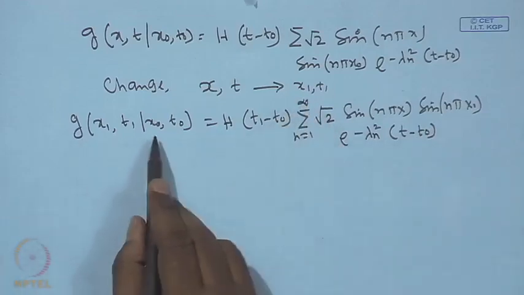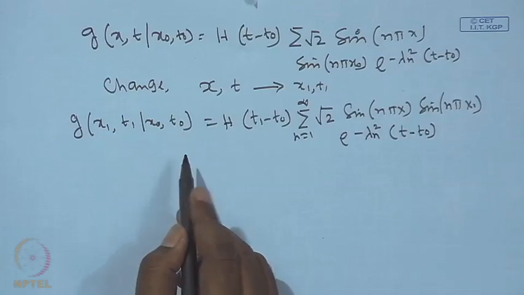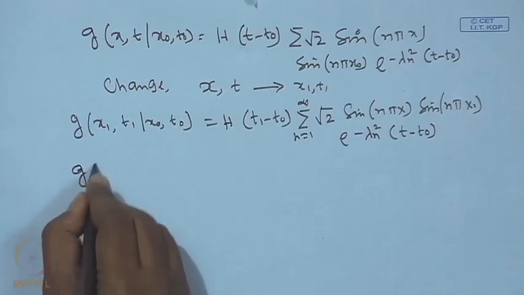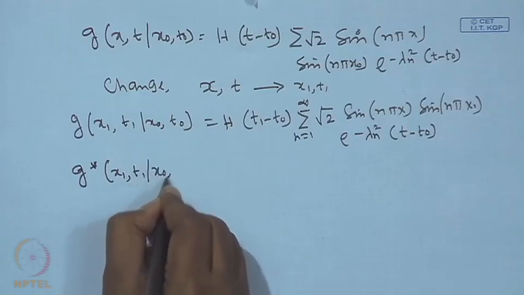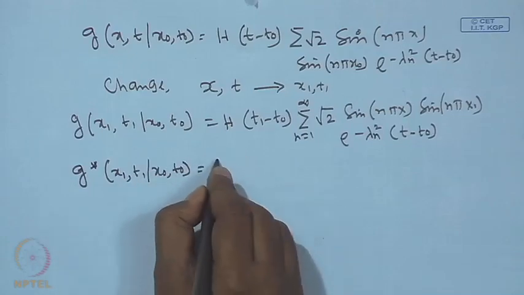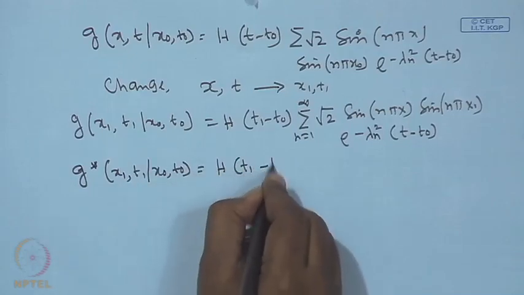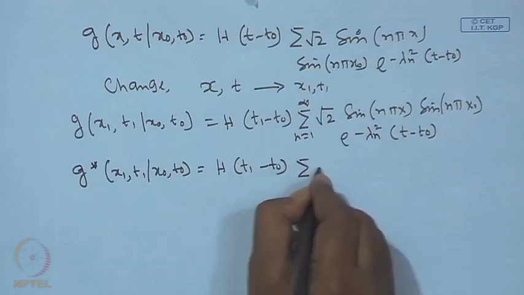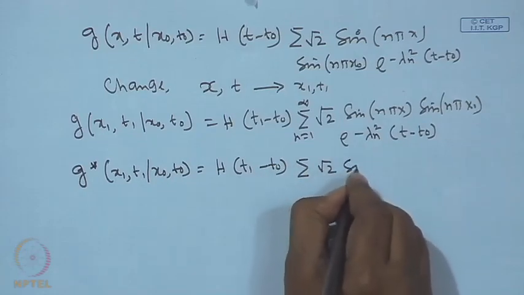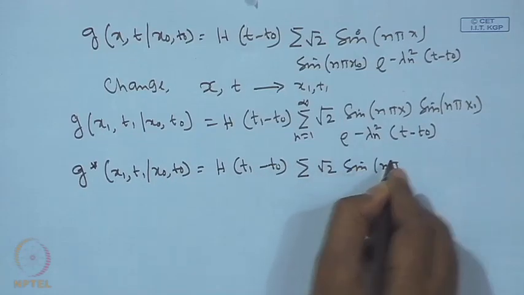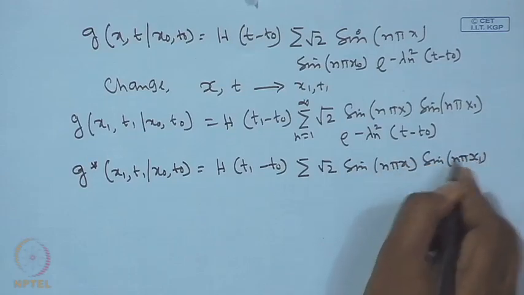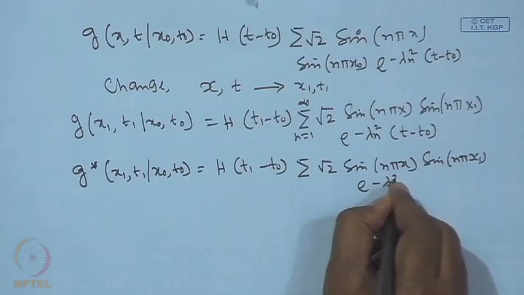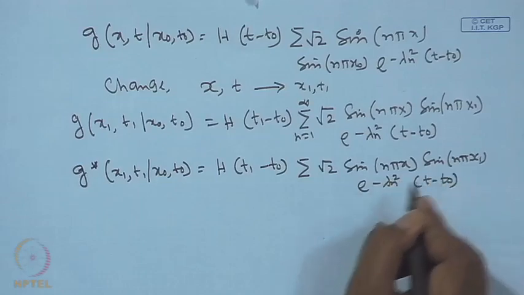Now, G (x 1 t 1, x naught t naught) is nothing but G star. So, this becomes G star (x 1 t 1 slash x 0 t 0) equal to H(t 1 minus t 0) summation root 2 sin n pi x sin n pi x 1 e to the power minus lambda n square (t minus t 0).